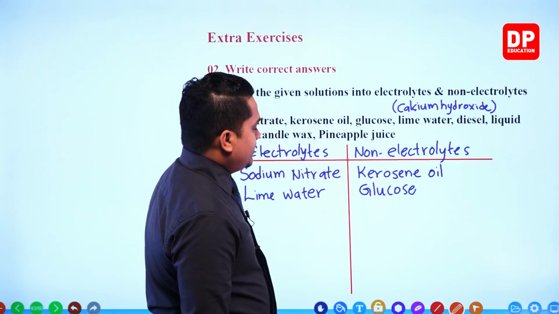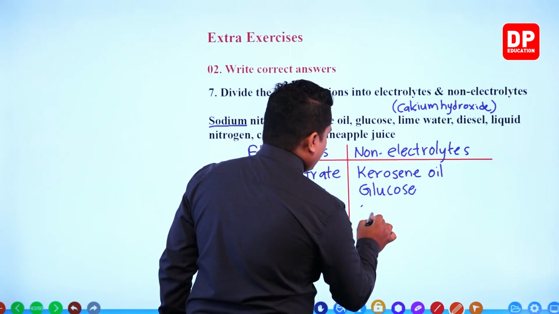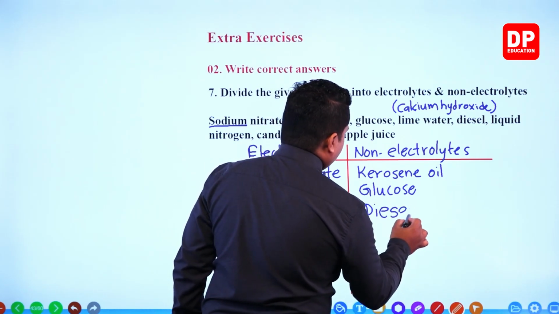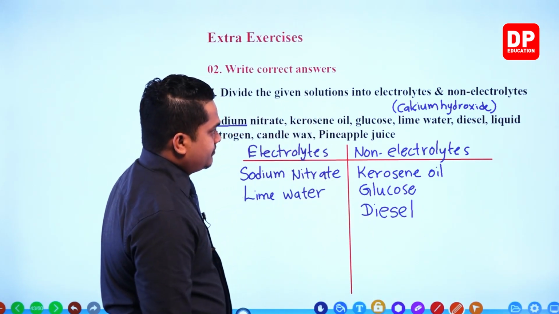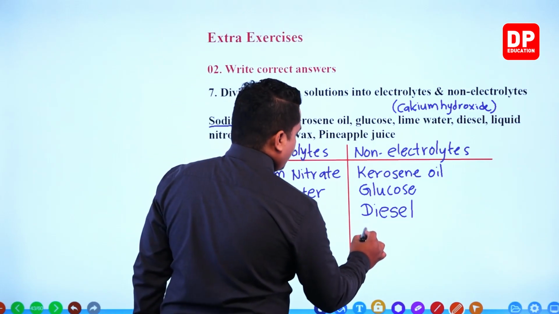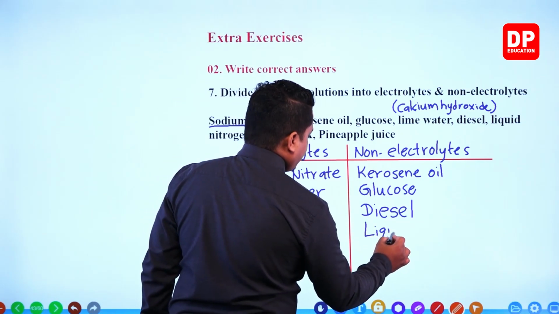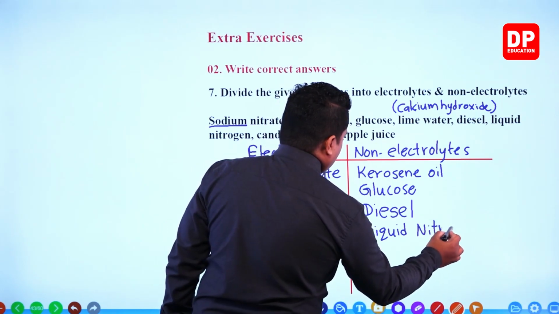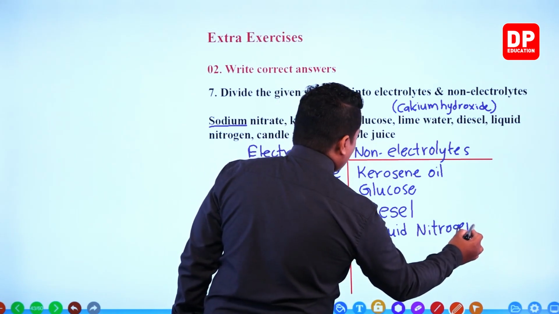Next one, diesel. Diesel is not an electrolyte. Next one, liquid nitrogen. Once again the same. Liquid nitrogen is used as a supercoolant.